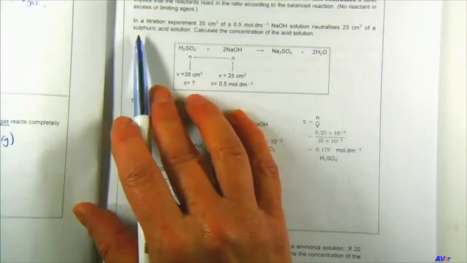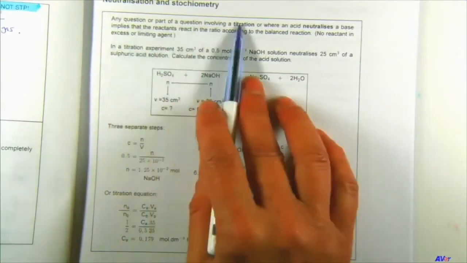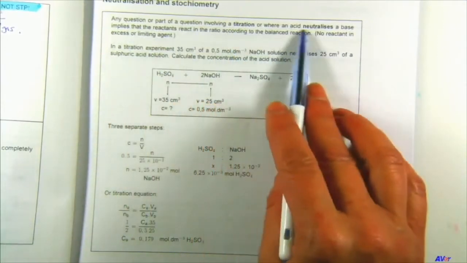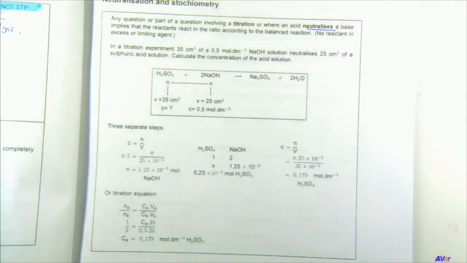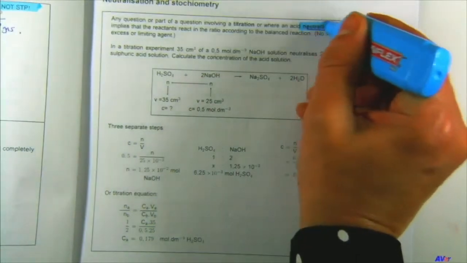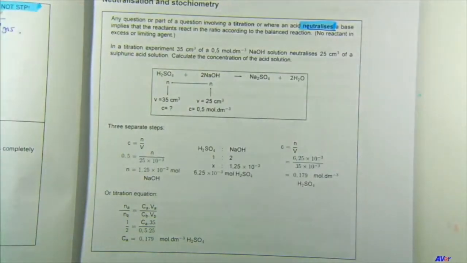Now, typically, they give us questions that involve titration, where an acid neutralizes a base. Let's talk about that word neutralize. What do they mean when they say neutralize? It does not mean pH 7.